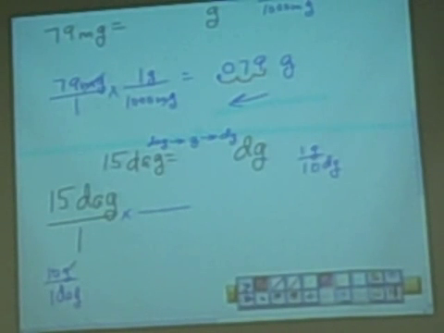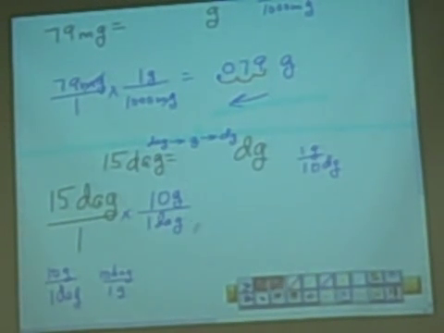What is it going to be, 10 grams over 1 decagram, or is it going to be 10 decagrams over 1 gram? We've got to do that so that our decagram units cancel, right? 10 decagrams. Right, that's right. The 1 decagram, and I always like to put what I'm going to cancel in the denominator first. 10 grams. And then actually physically cancel them out, because that way you know you got it right.